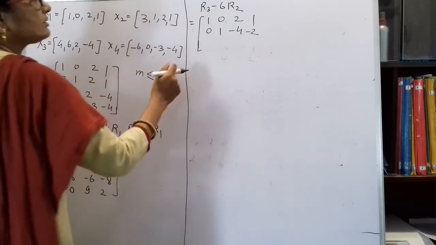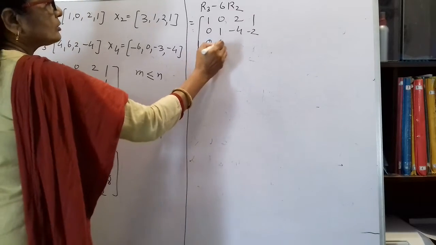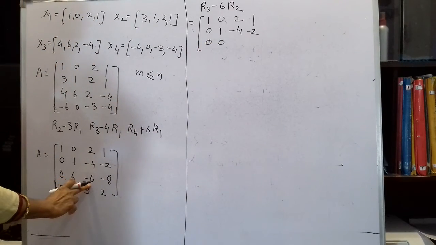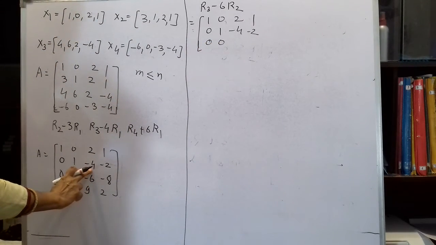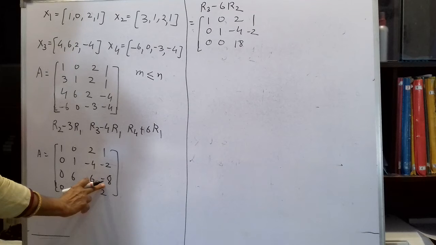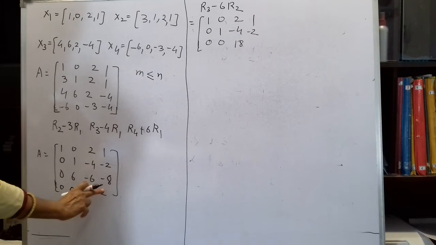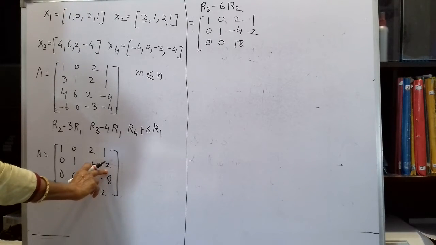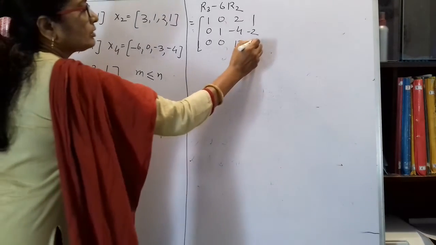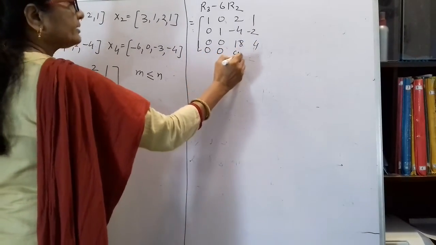Change will be in the third row. So it is 0, and here also 0, and minus 6 plus 24 we will get 18. Then here minus 8 plus 12 we will get 4, and the last row will be as it is, 0 0 9 2.